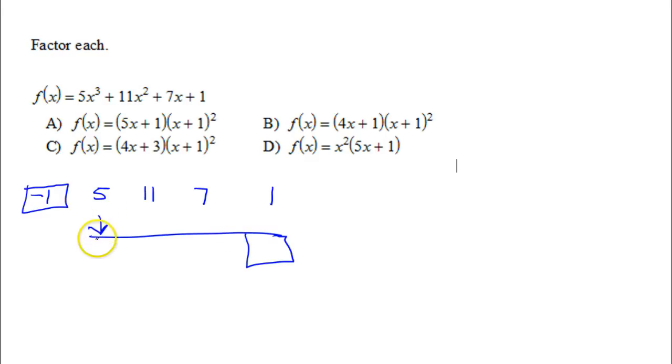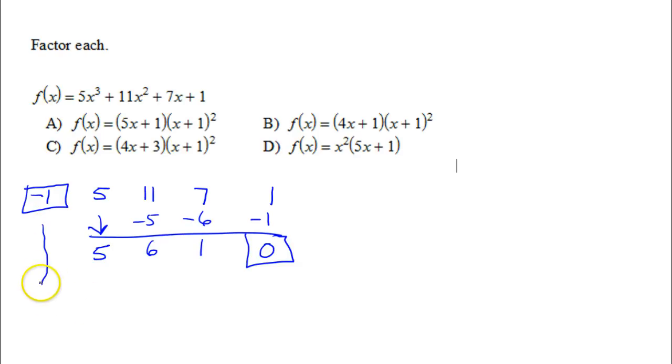Okay, so if I bring this down, I've got -5, and that's 6, that's -6, and that's 1, and that's -1, and that's 0.